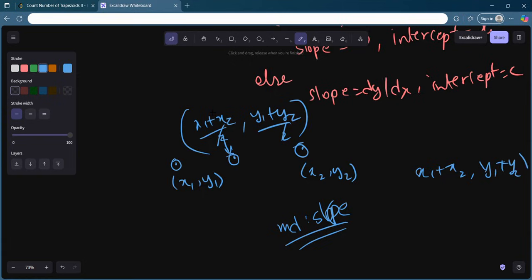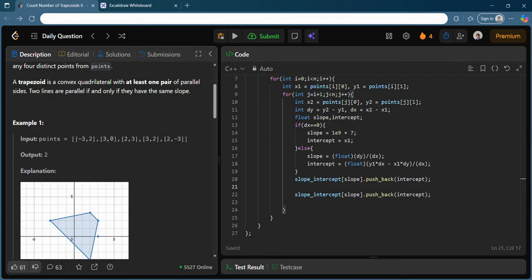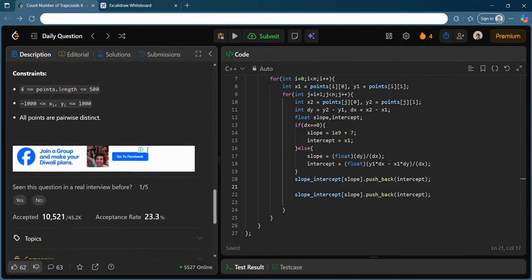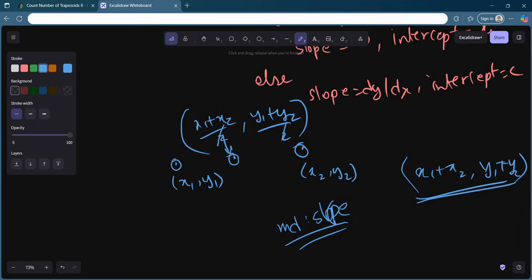But hey, this is not a single integer. So how do we convert that into a single integer? You know that the range of these x and y is 1000, so even if you add them, they cannot be greater than 10,000.